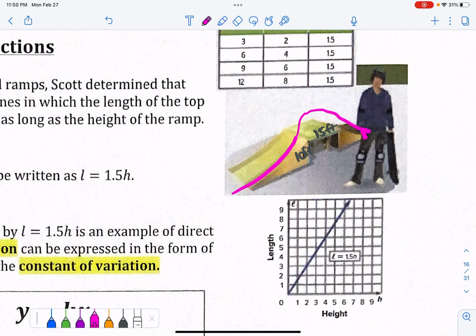If it's too short, you'll land all the way over here on the end of the ramp. If it's too long, you'll come back down and land on the platform, and then you'll have to scoot over and get off again. So you want it down to a science of where that should be placed so that you go up, you come back down, and you're just right on the next ramp again. So it makes it really nice.